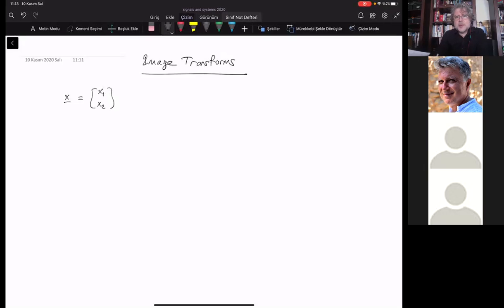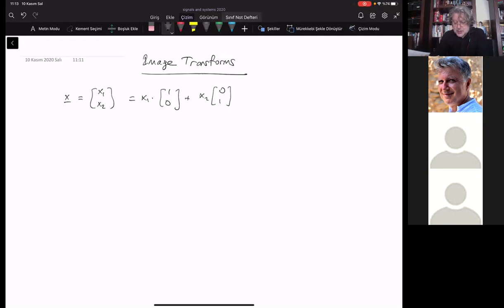Let's start with the two dimensions. But when you state an entity, this can be a vector, this can be a signal, it can be an image, but as soon as you say it, you make an implicit assumption that it is already represented in the form of a basis, and that is x1 times (1, 0) plus x2 times (0, 1), for instance.